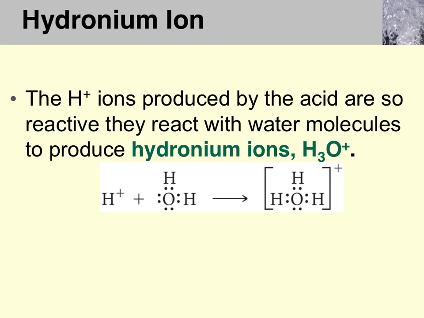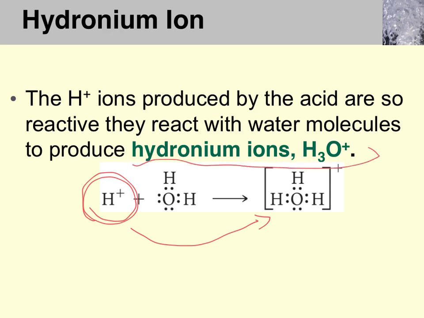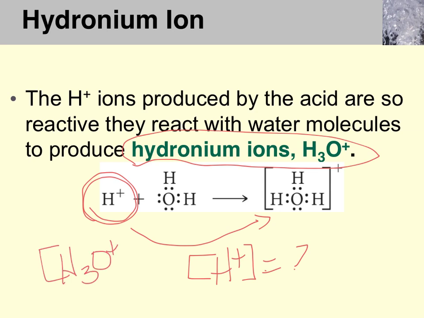Just to let you know that chemists consider the hydrogen ion essentially equivalent to what we call the hydronium ion. So you will often see me and other chemists asking you, for example, what's the concentration of the hydrogen ion? And other times we may say, what's the concentration of the hydronium ion?